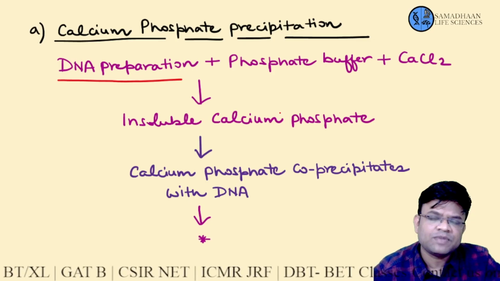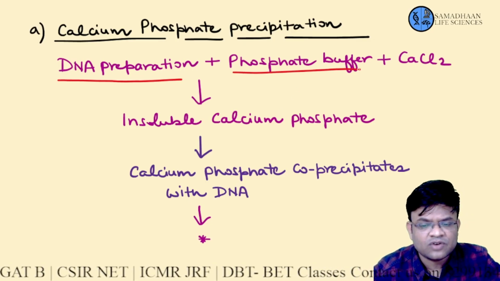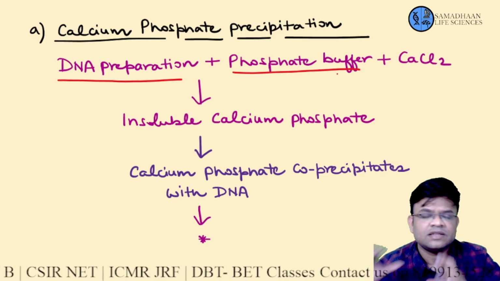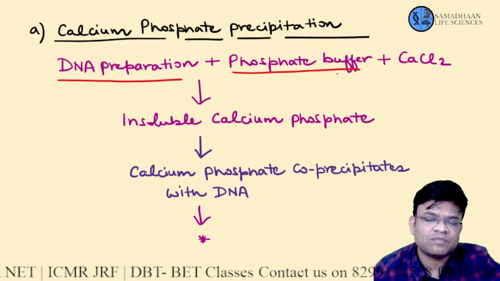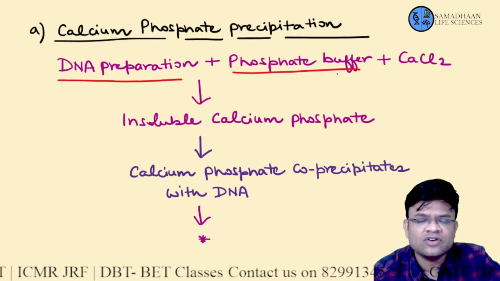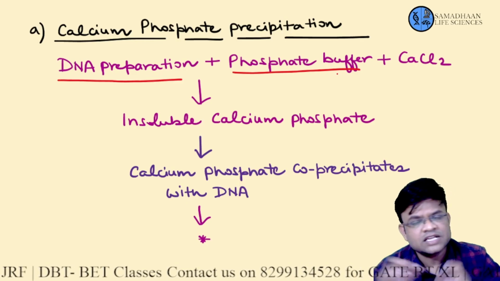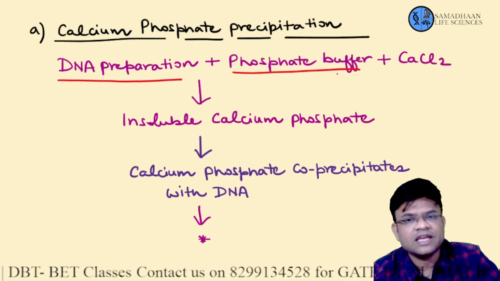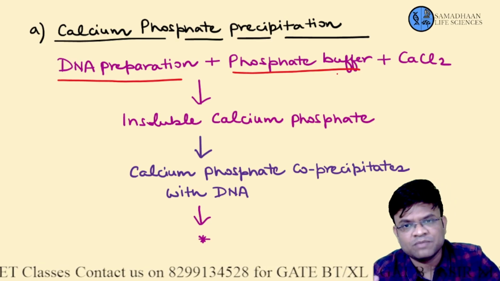Now, this DNA preparation is added to the phosphate buffer. Firstly, this is done. That means the DNA preparation is put inside the phosphate buffer. Phosphate buffer is a very commonly used buffer in the labs. So you add the DNA material, or DNA preparation, to the phosphate buffer.